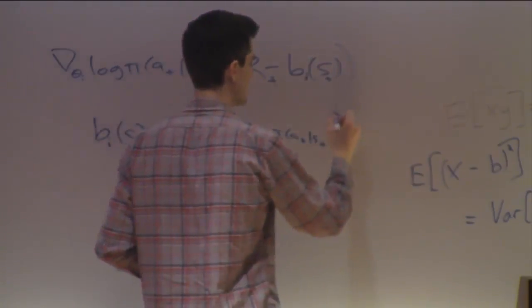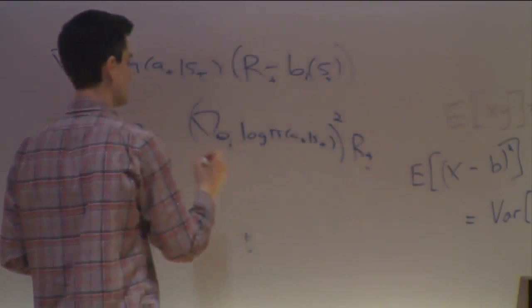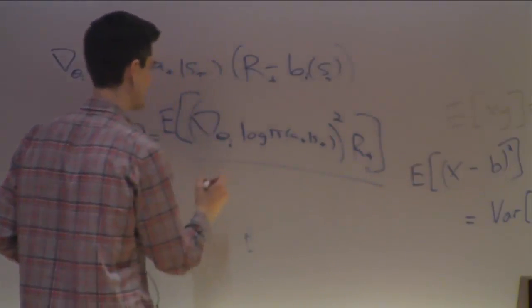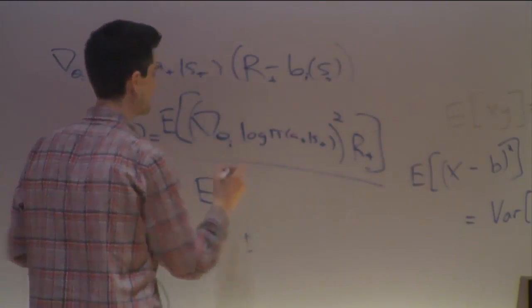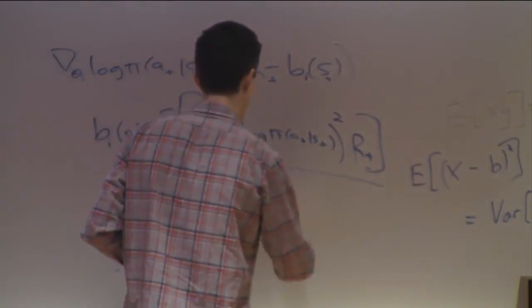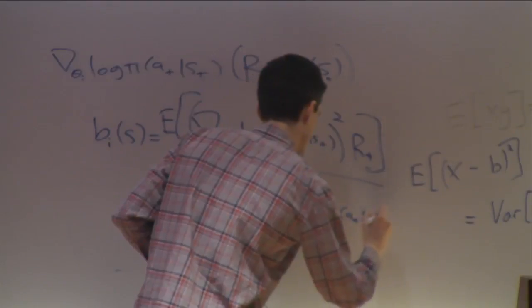It's like a weighted average of the returns, where you weight by the grad log probability squared. So you take the expectation of grad log probability squared times r over the expectation of grad log probability squared.